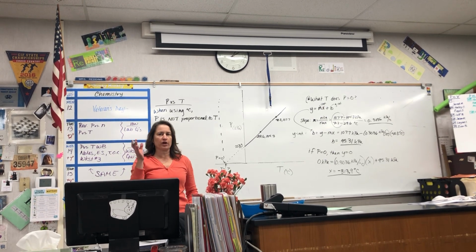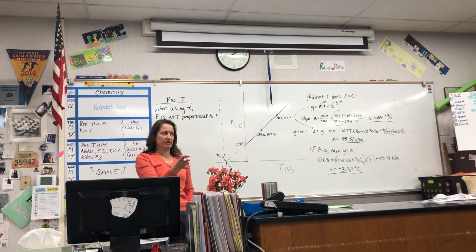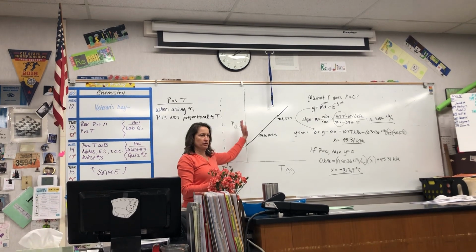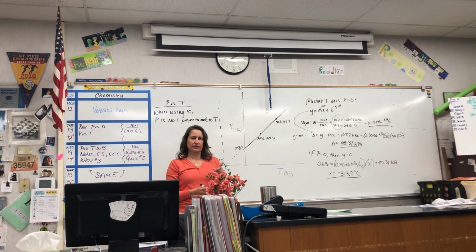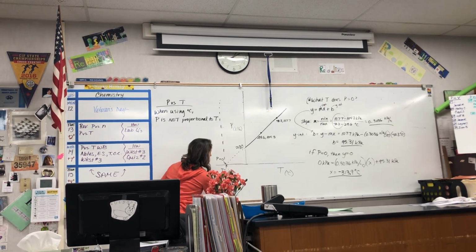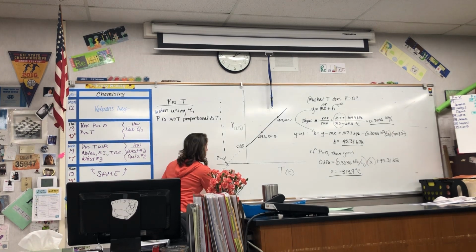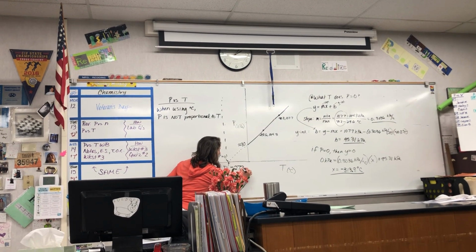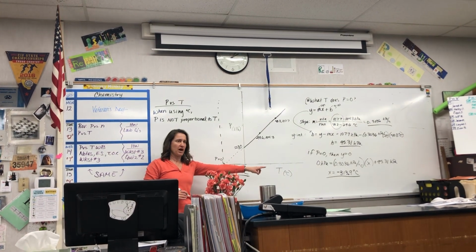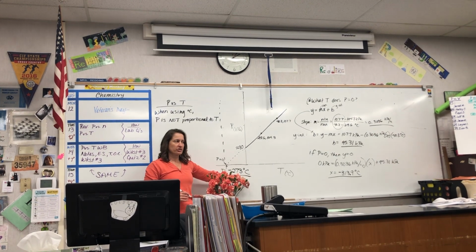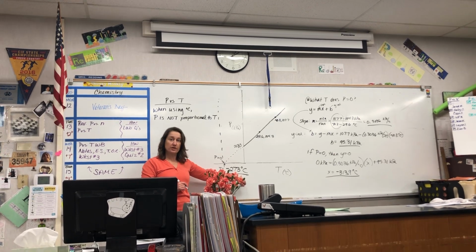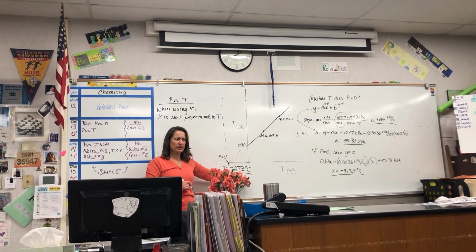In other words, if we went from 50 degrees Celsius to 100 degrees Celsius, we would not double the pressure. It would increase, but it wouldn't double because it's not proportional, okay? However, if we use a different scale, notice that we could bring it back to this temperature that is actually, it's not negative 313, it's negative 273 degrees Celsius. So we were pretty close. That's not bad for high school lab data. Negative 273 degrees Celsius is what we call absolute zero in Celsius, okay? That's a really weird number to use.